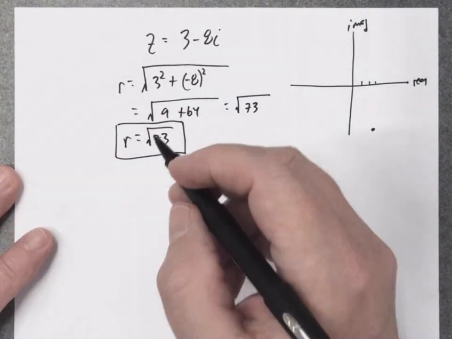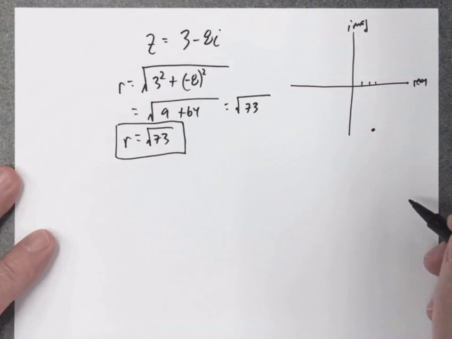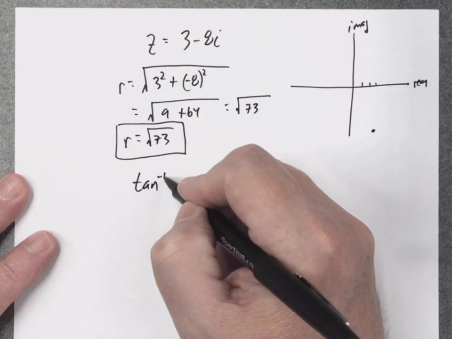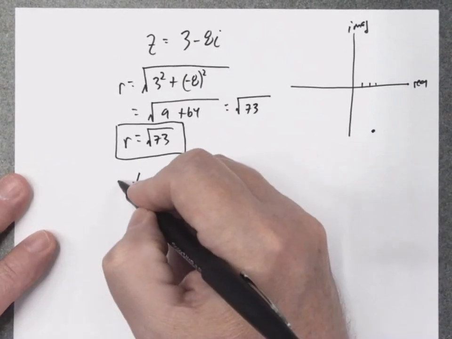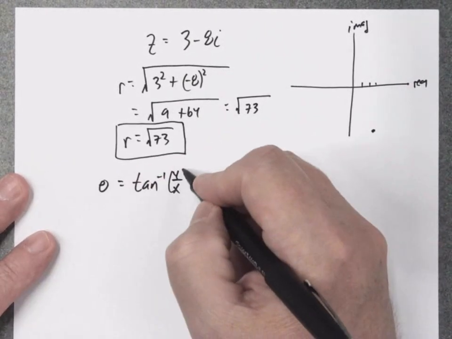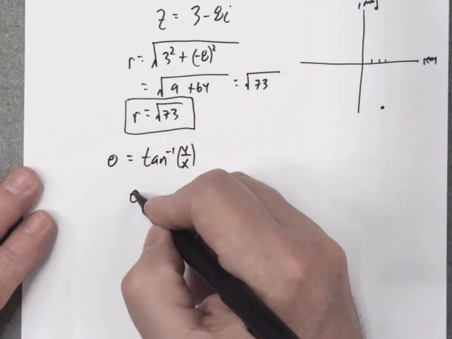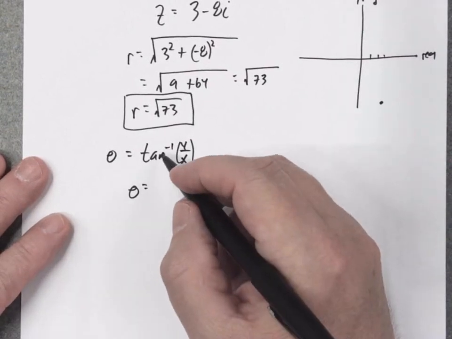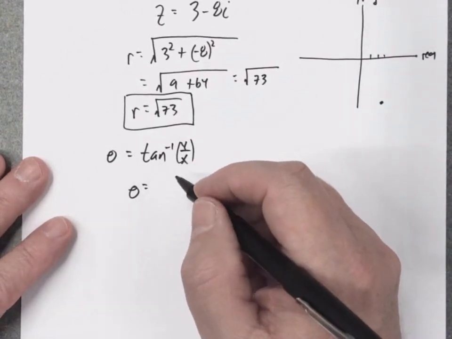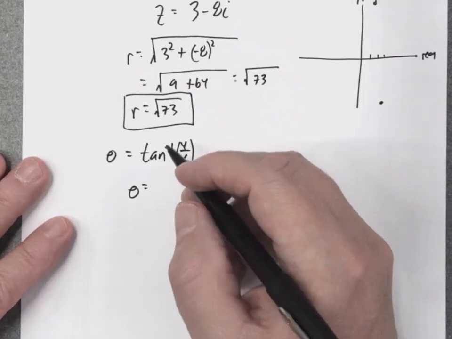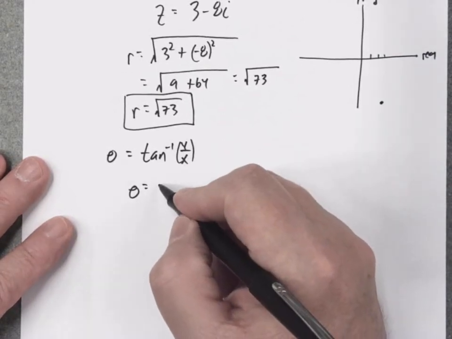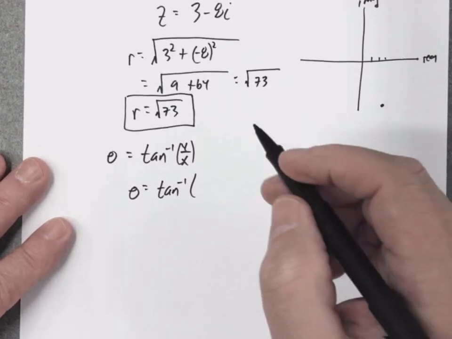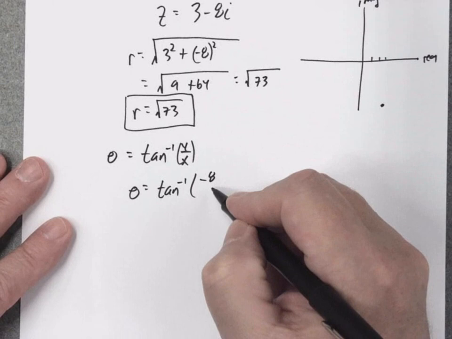Now since we're going to use our calculator, it gets a little tricky. So I'm going to use the inverse tangent of y over x equals theta. You're going to see in a minute, it's easy to use a calculator, but you have to interpret what's actually going on. So y is negative 8.